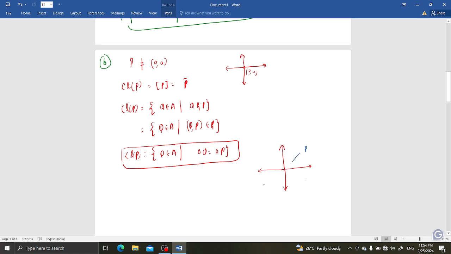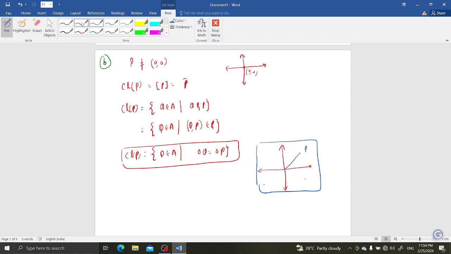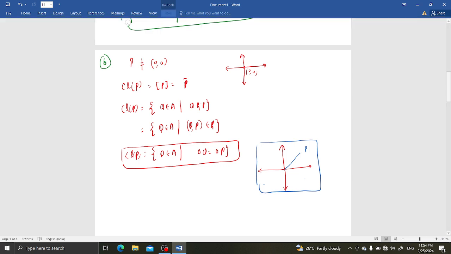This is point P. And I need to choose those points of this complete Cartesian plane, the XY plane. I need to choose all those points whose distance from the origin is the same as that of P. So this point is also at the same distance.